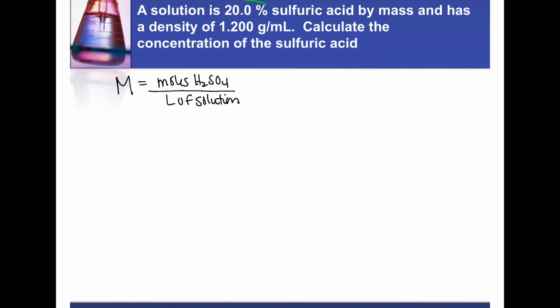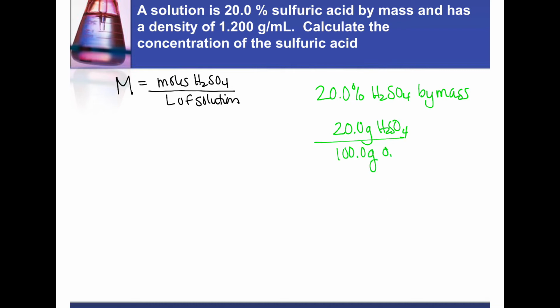And I want to remind you what these numbers are about here. It says that there are 20% sulfuric acid by mass. What that means is that there are 20 grams of sulfuric acid in 100 grams of solution.